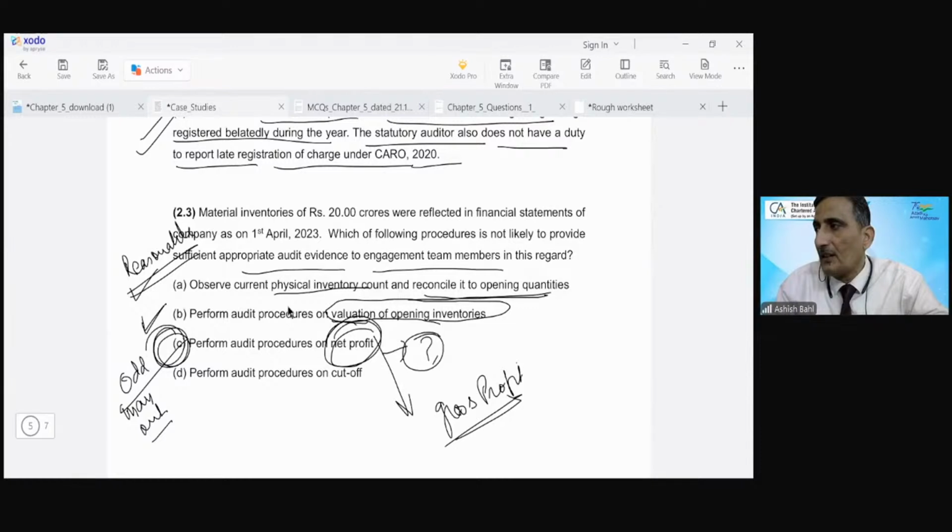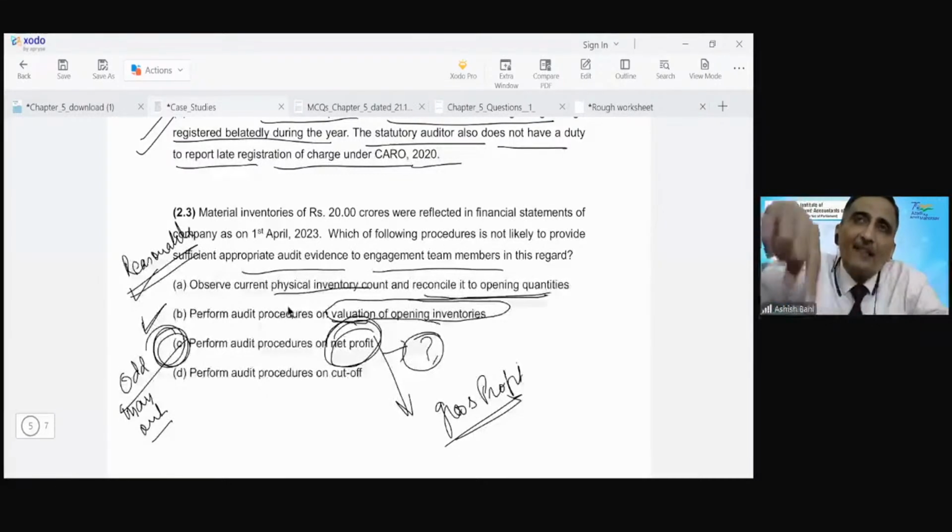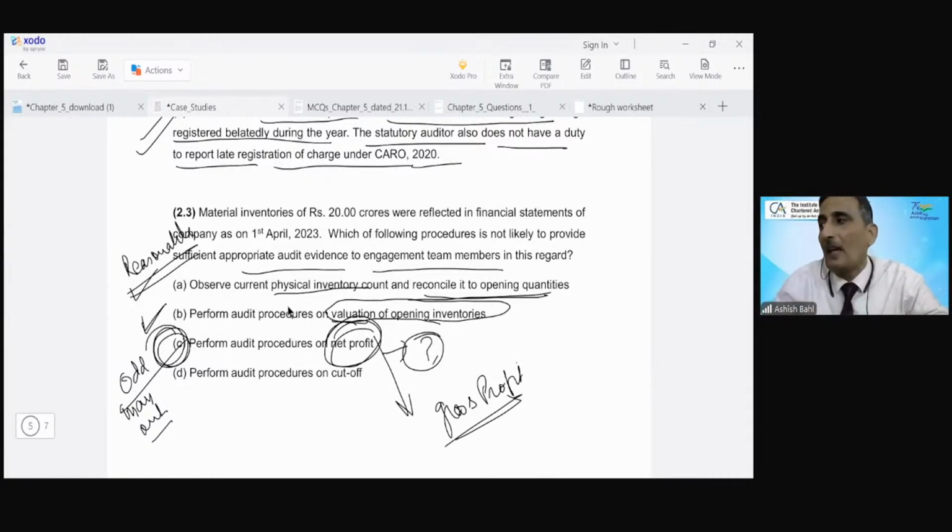Tejaswin, Vismita, you have also answered correctly. So you can see, guys, in SA 510, in chapter 4, you would find procedures in relation to current assets, where you would find procedures in relation to opening inventories. So the option is C.